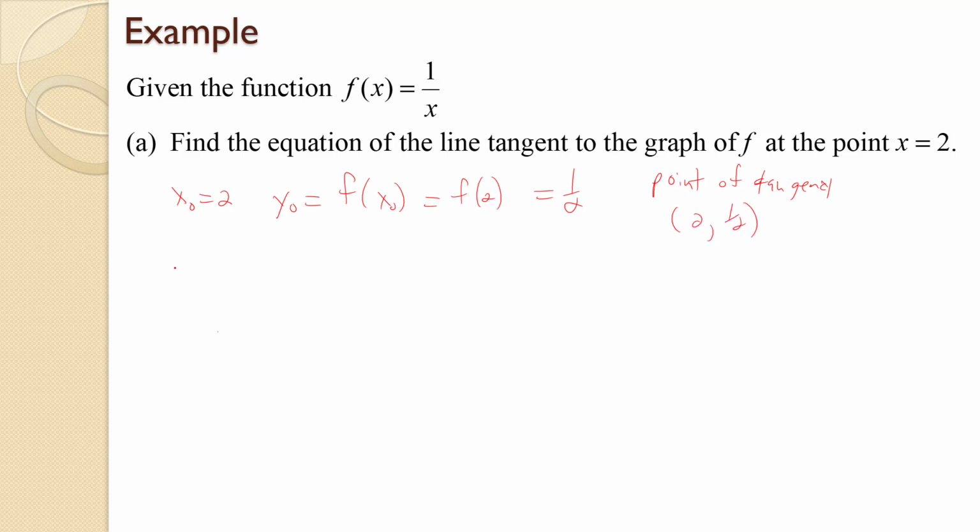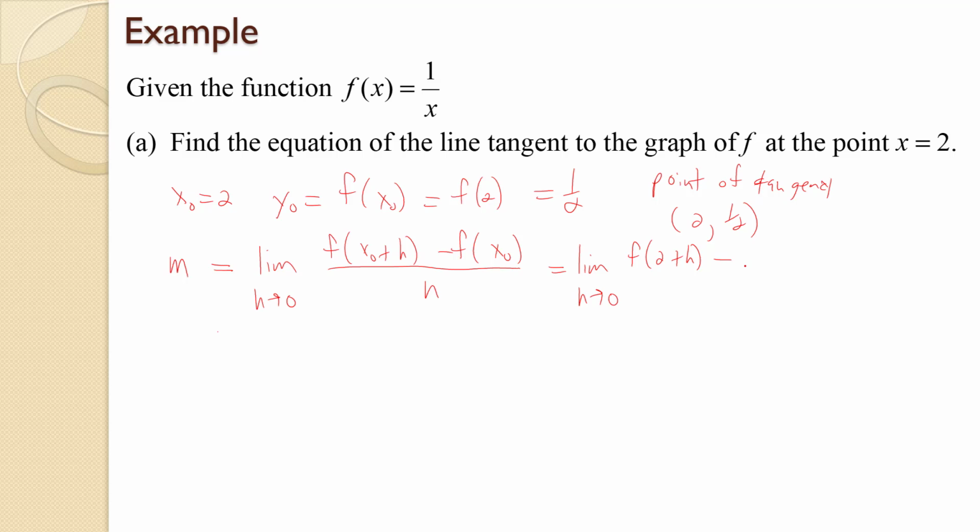So I now need the slope. Well, the slope is found by then going and finding the limit as h approaches 0 of f of x0 plus h minus f of x0 all over h. And that is the limit as h approaches 0 of f of x0, which here is just 2. Our increment is h.